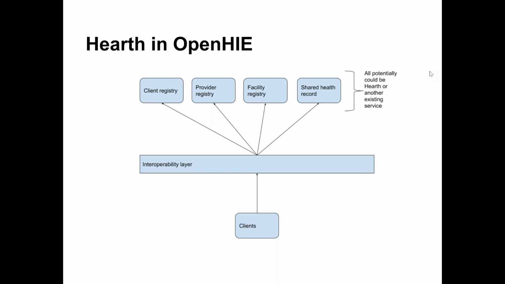Or you could choose Hearth to fulfill a particular role if you have existing services for the other components already. Or you could use multiple instances of Hearth to act as either a client registry or provider registry or facility registry. So there could be multiple instances of Hearth acting as each one of these components. It's really up to what makes sense for the implementation.